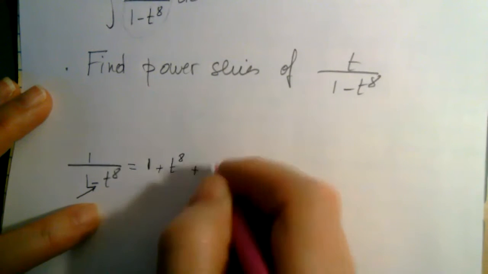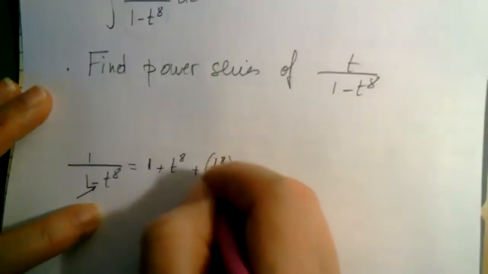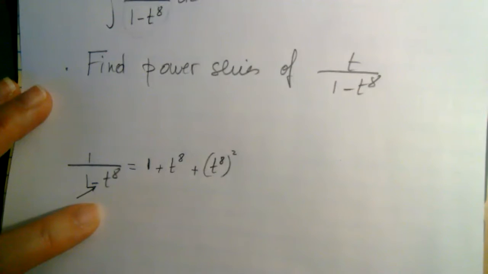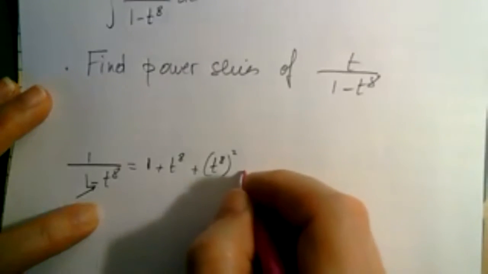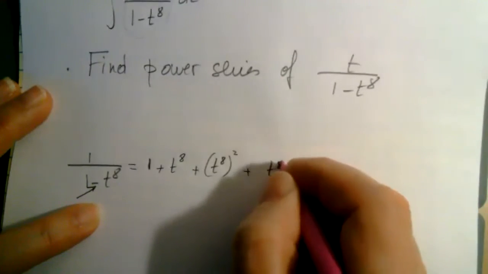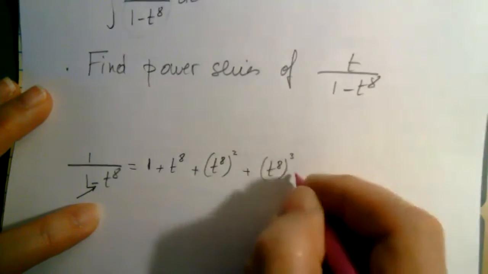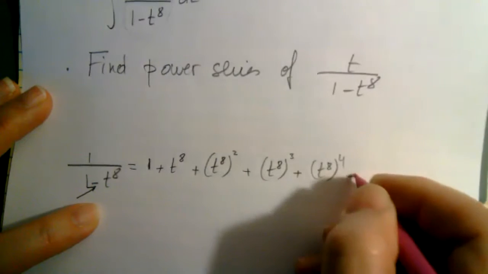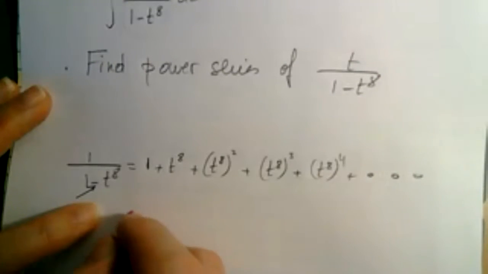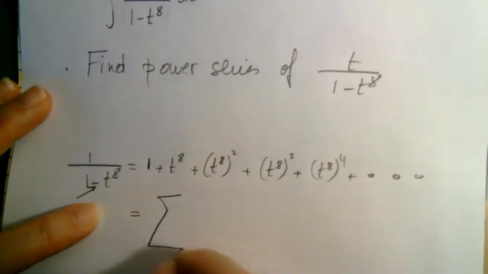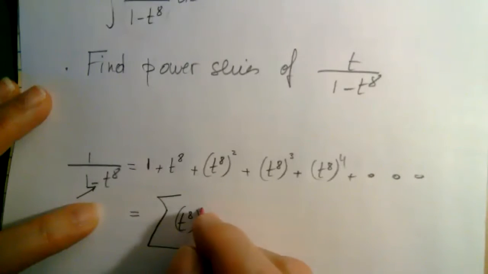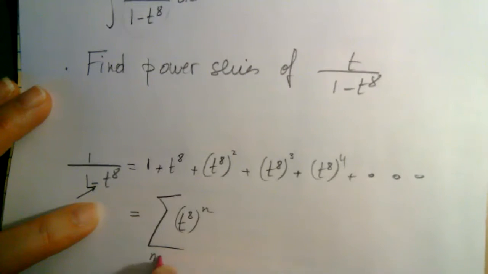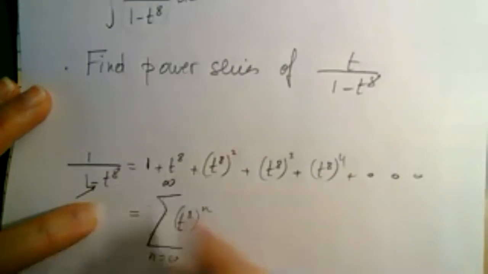Plus t to the power 8 squared. I actually like to do that because I don't want to goof. Plus t^8 to the power 3 plus t^8 to the power 4 plus etc. So in sigma notation, that's t^8 to the power n, n equals 0 to infinity.